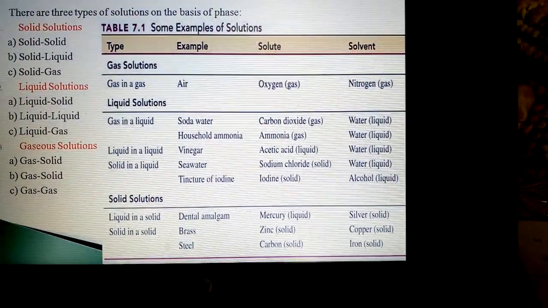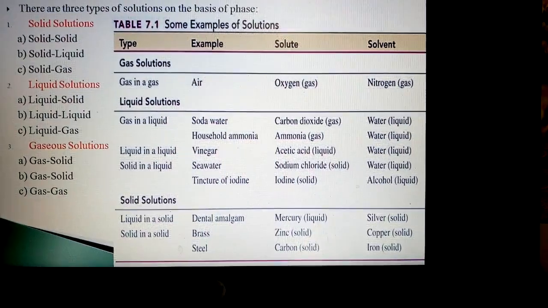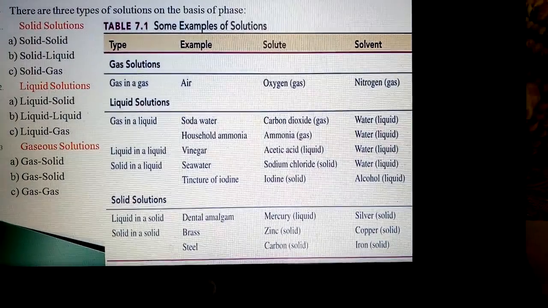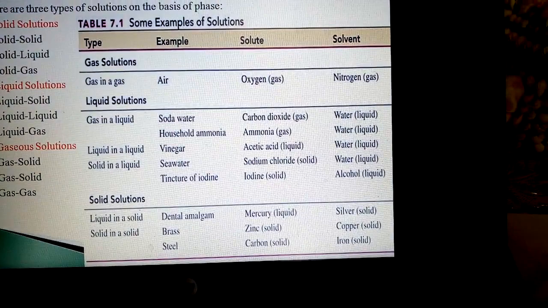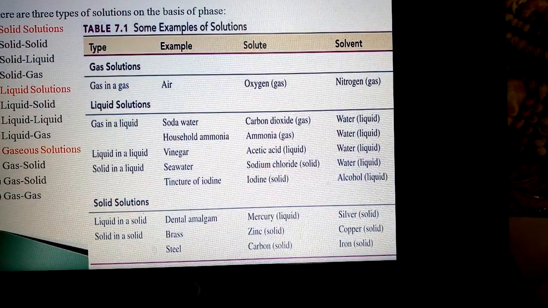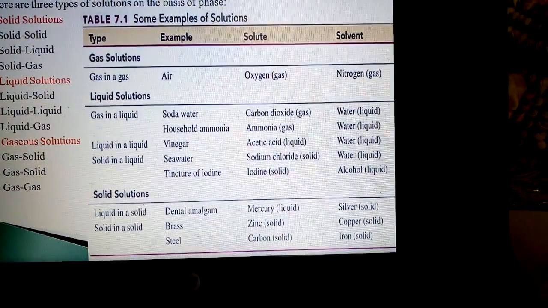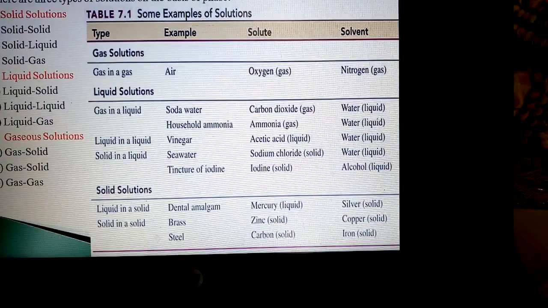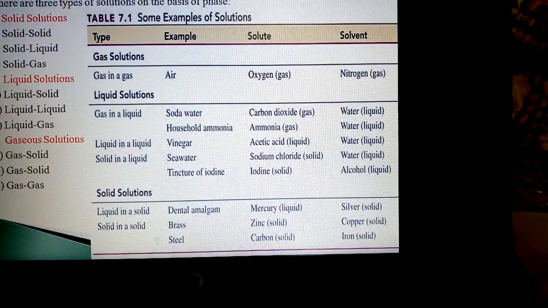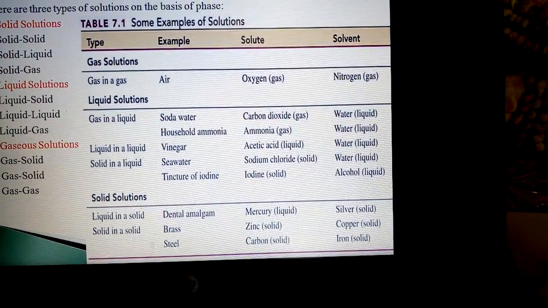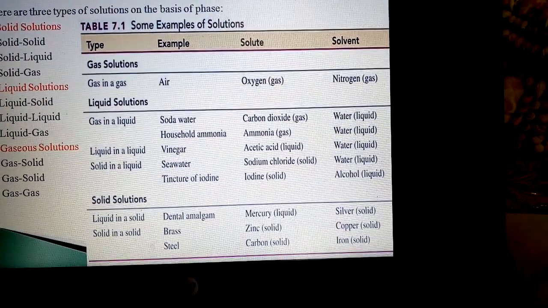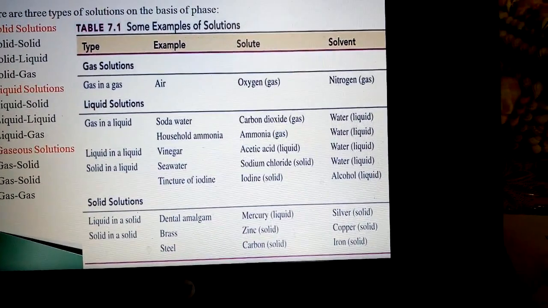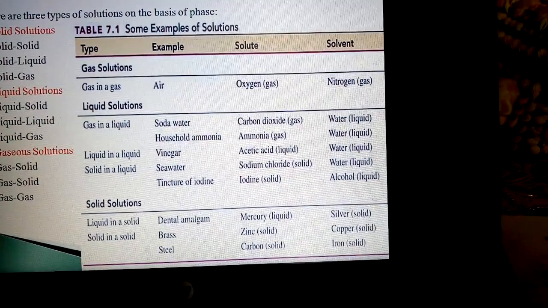So in solid solutions, one substance acts as a solute and the second also acts as a solvent. In that slide we can take the example of steel, where carbon acts as a solute and iron acts as a solvent.